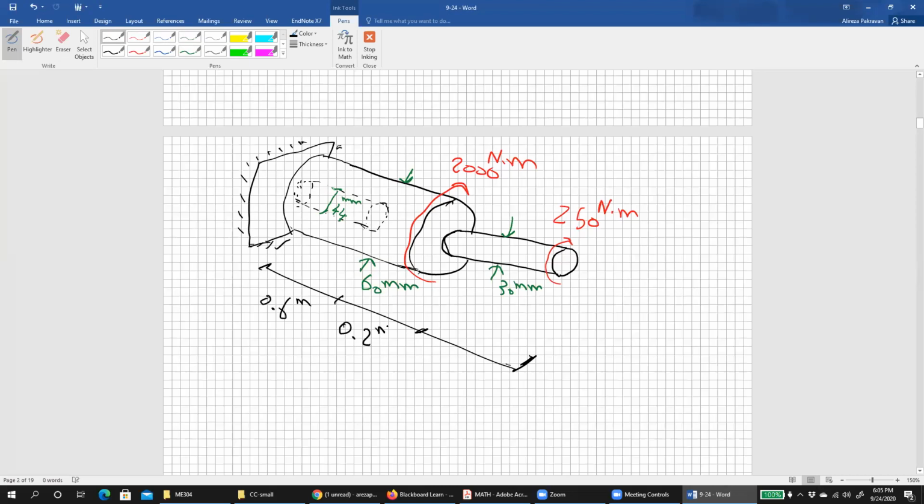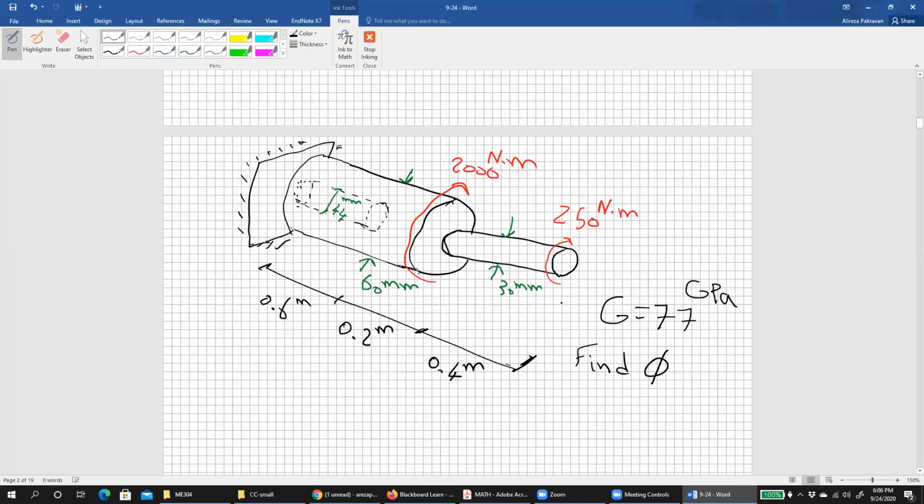Guys, does the figure make sense to you? Okay. G for all the segments would be constant, 77 gigapascal, right? So we want to find just phi total.